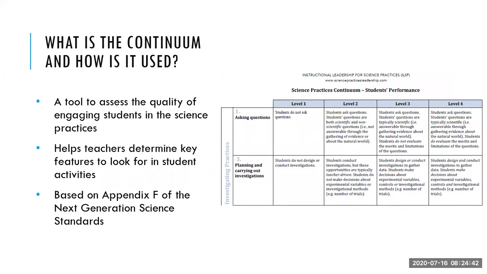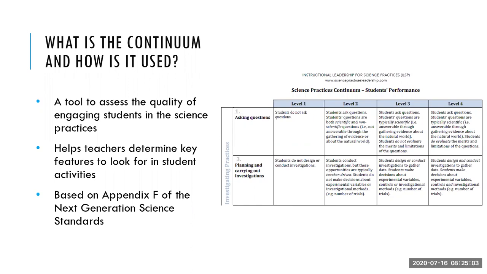The Science Practices Continuum is a tool created to assess the quality of engaging students in the science practices and is intended to help teachers identify key features of the practice and student activities. The descriptions on the continuum are simplified versions of the practices provided in Appendix F of the Next Generation Science Standards.